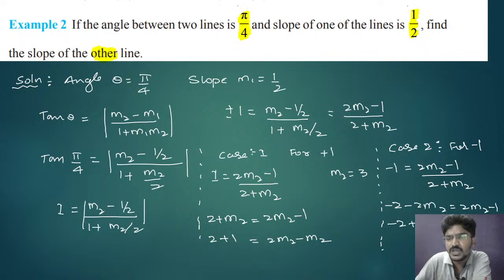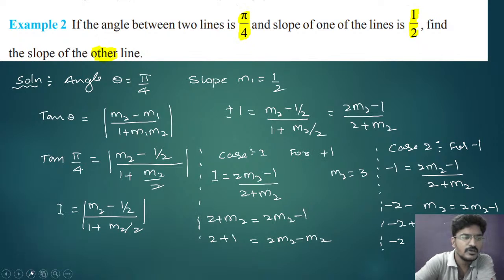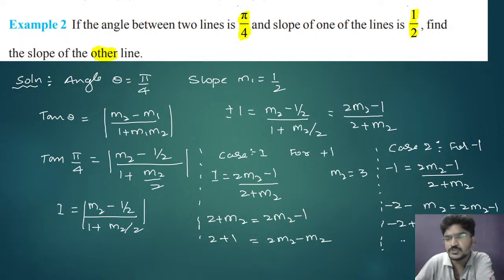So minus 2 plus 1 equals 2m2 plus m2. Minus 2 plus 1 will be minus 1.